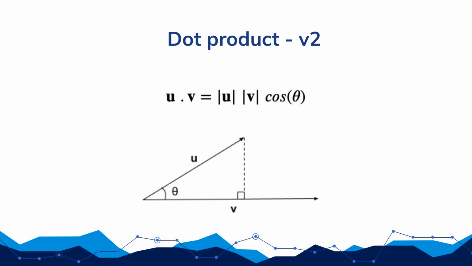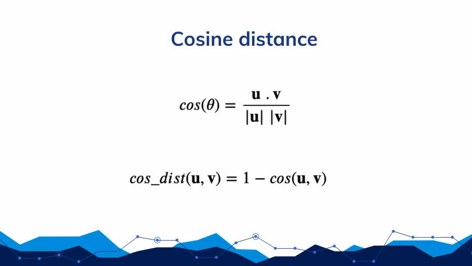So if we want to be agnostic to the sizes of the vectors, and we just want to be concerned about whether they're pointing in the same direction or not, we can use the cosine distance, which is basically taking the cosine and then doing 1 minus the cosine, okay? And the interpretation of this is a measure of how much two vectors are pointing in the same direction.